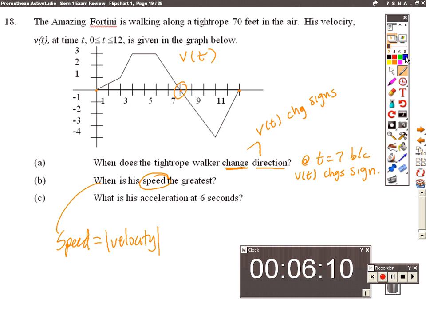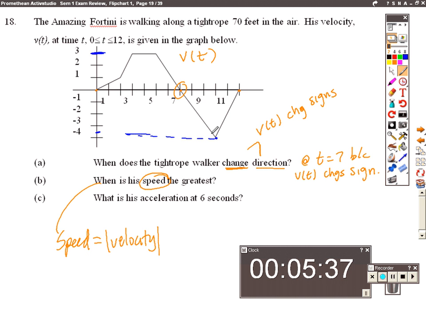You're looking for when the velocity is the furthest away from the x-axis. In other words, the highest velocity in the positive region is at 3, and in the negative region it's down here like 3.5. So really you're comparing the max and the min, and in this case he's going faster at this time than he is at this time up here.